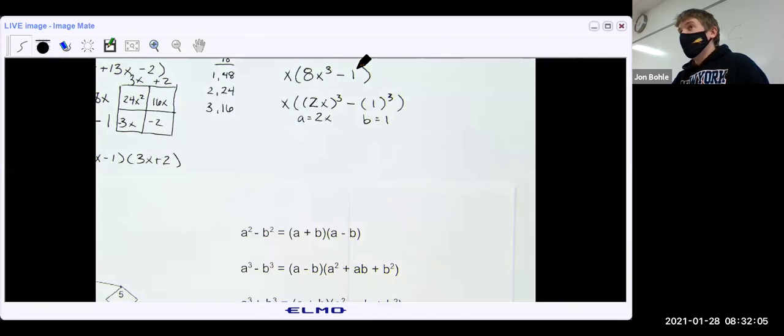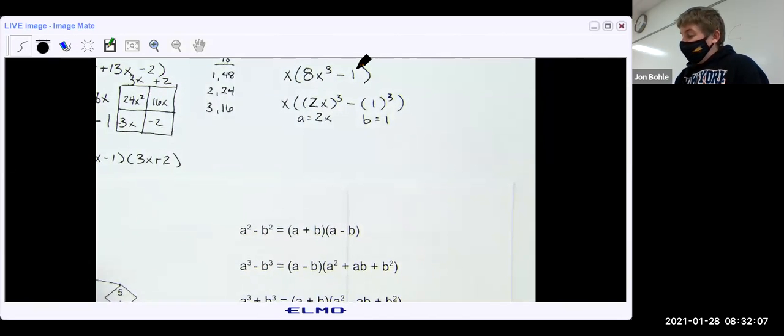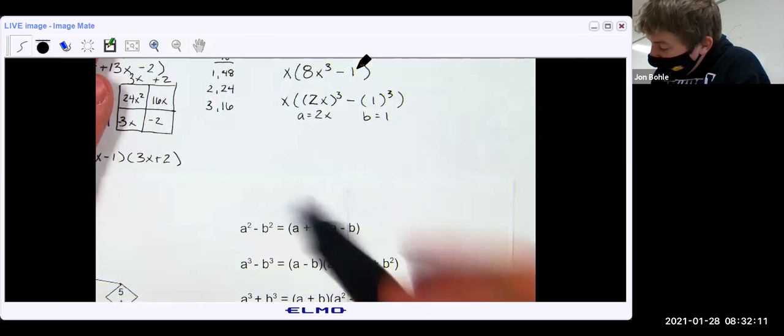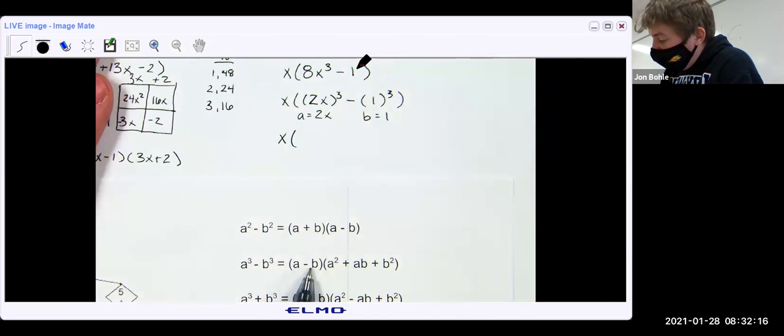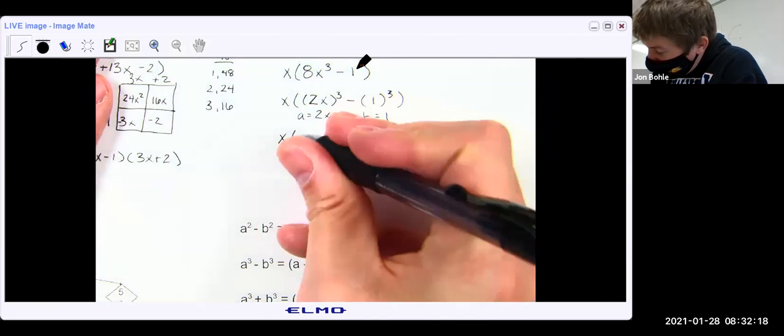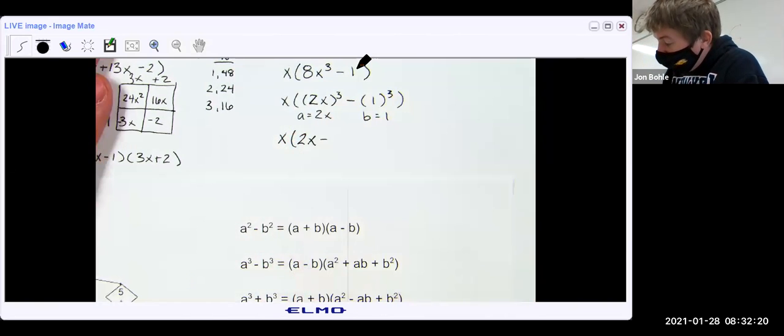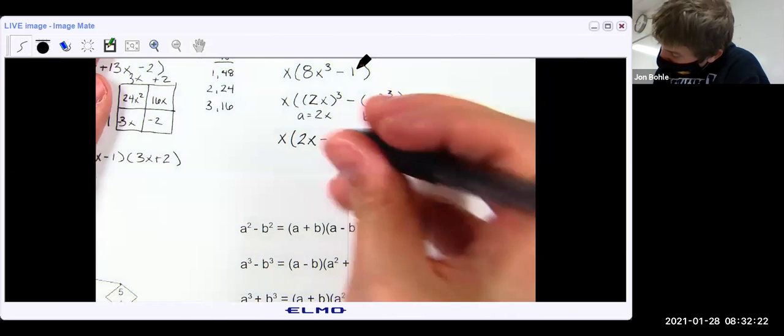Because I've kept my negative sign here. Okay, so here I have my a value and my b value. I just have to plug my a value and b value in here. So I'm going to keep that original x. Okay, a minus b. So my a value is 2x, so 2x minus my b value, which is 1.